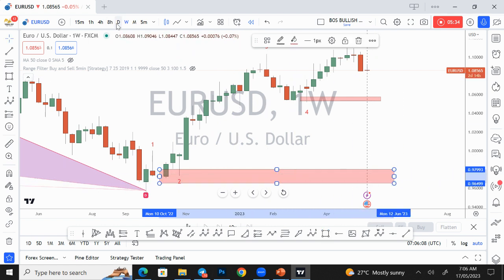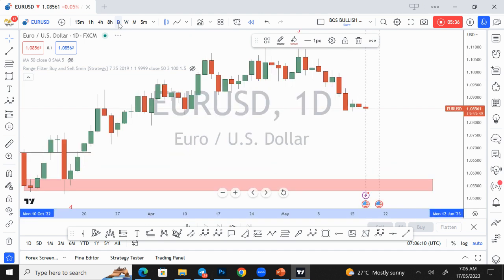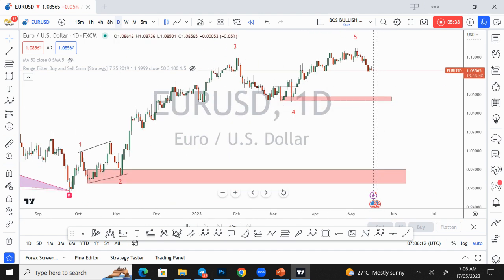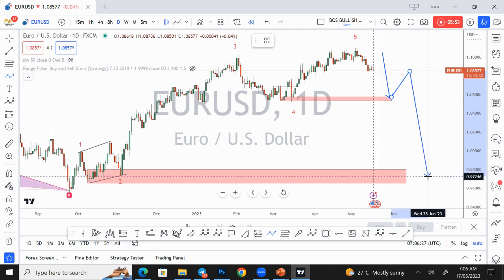So in each case, I'm expecting Euro USD to either come and tie this unmitigated order block here, or it forms an inducement over here and break to the downside.